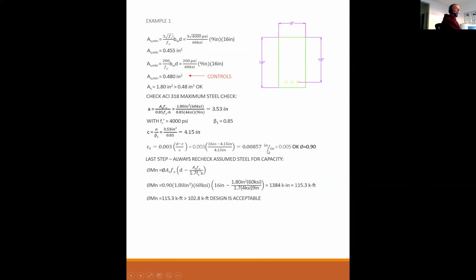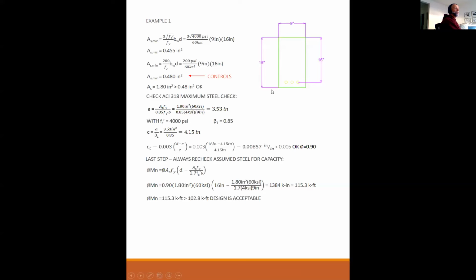So the higher epsilon sub t is, the smaller a is becoming and the smaller the steel is. Or let me say it the reverse way. The more steel you put in here, the deeper a has to be, the smaller epsilon sub t is going to be.